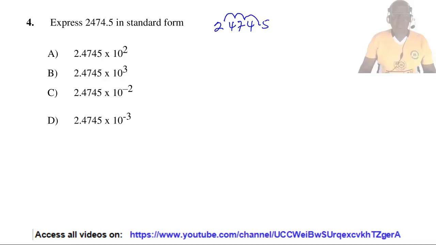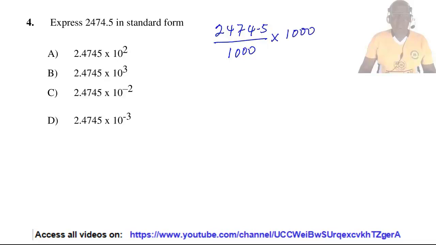And this is the same as dividing the above number by 1 with 3 zeros. So 2,474.5 divided by 1 with 3 zeros. Since we have divided by 1 with 3 zeros, we shall multiply by 1 with 3 zeros.